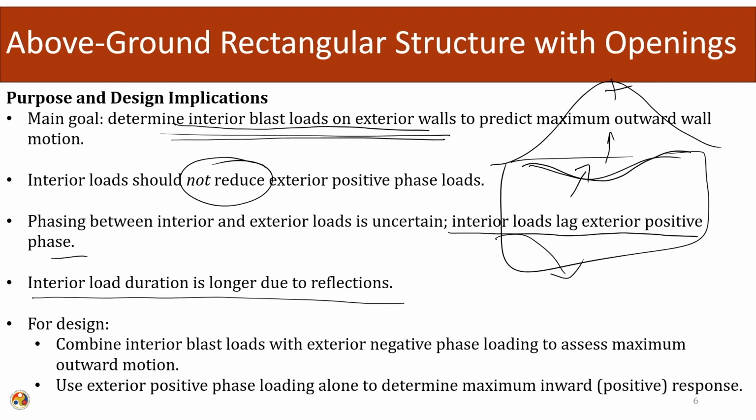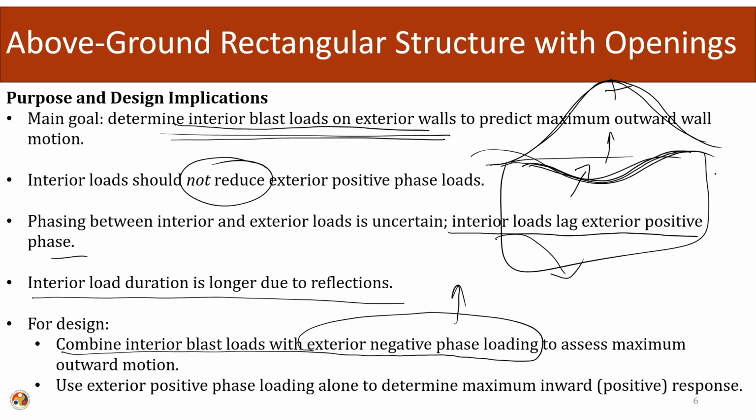So, what do we need to do for the design? For the design, we combine the interior blast load with the exterior negative phase loading. So, we take an additive approach. We are not going to reduce the effect of the interior positive phase with the exterior positive phase.